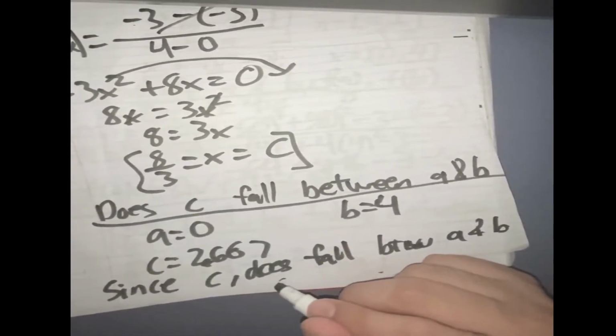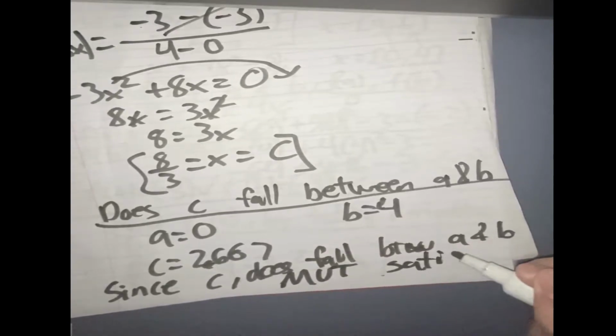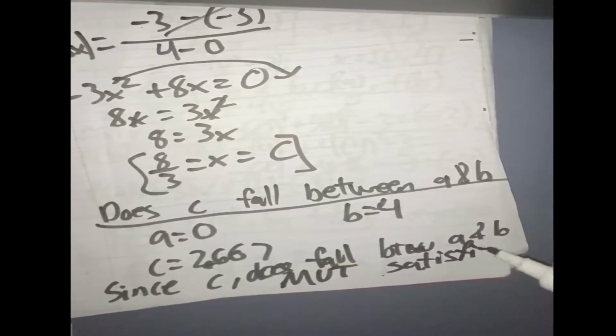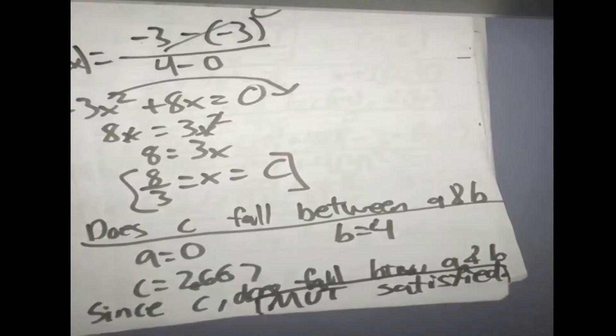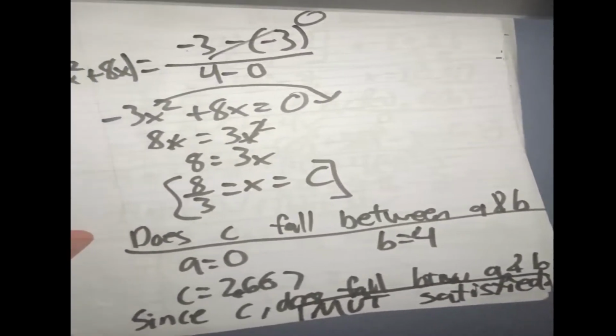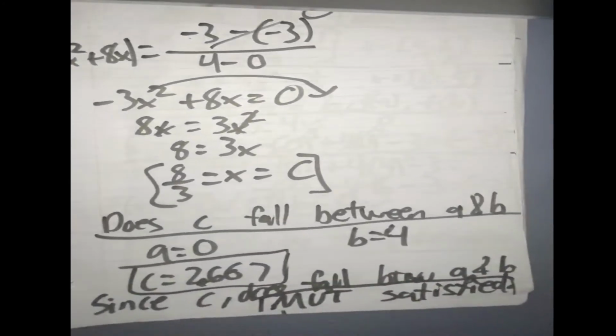Since c does satisfy this, the mean value theorem is satisfied, because we identified our c to be 8 over 3 or 2.667.